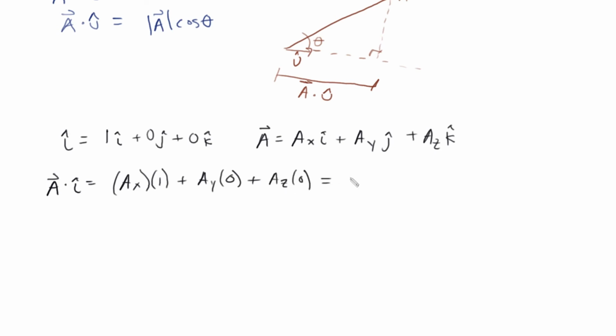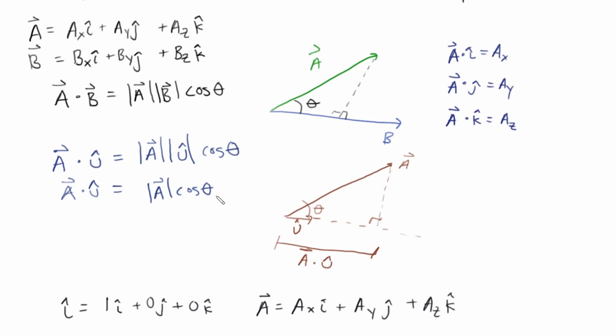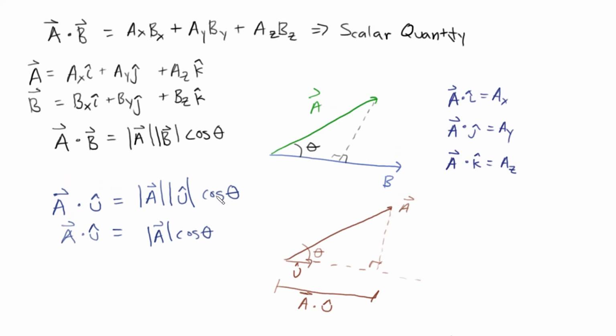So now you get AX. So now you get the projection of A onto the x-axis, which is just the magnitude of the x component of the vector. So this will become very useful in the future, and we'll be able to project various vectors into different directions and solve equilibrium problems.